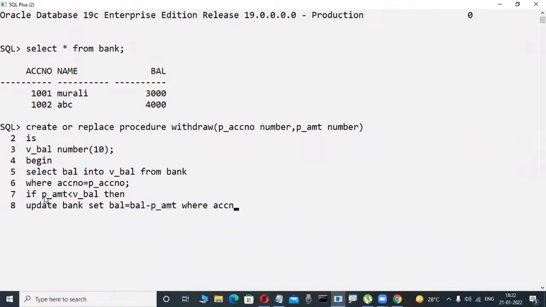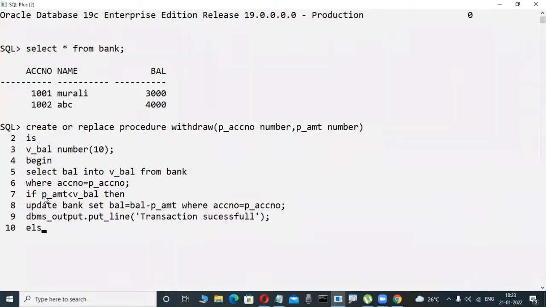Okay, fine. Now check it out. Some coding is there. Here I am writing a message, like in Java. Some messages I try to display: your transaction is successful. Don't worry about this, just observe it here.